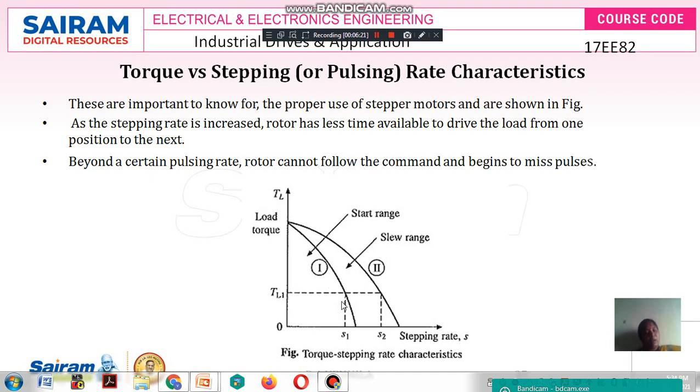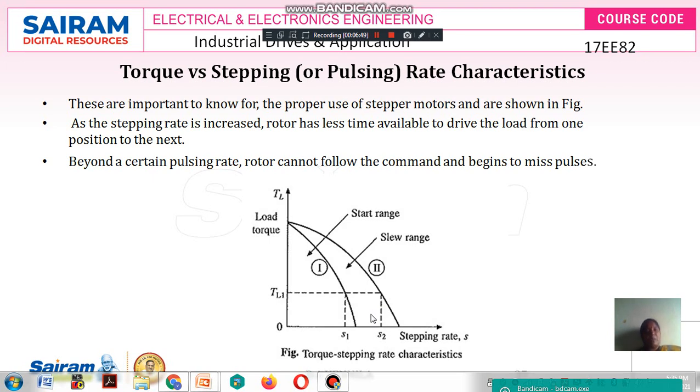During this region we cannot go for braking or bidirectional operation; to reverse the motor, it should be accelerated carefully by varying the low pulse rate.